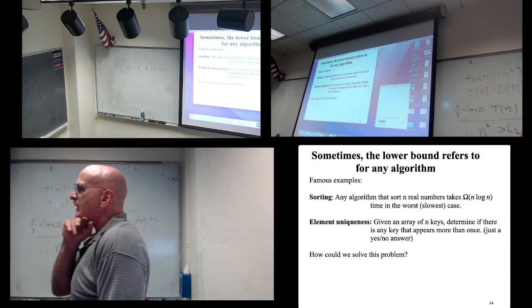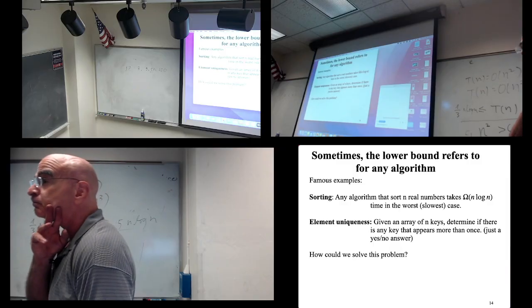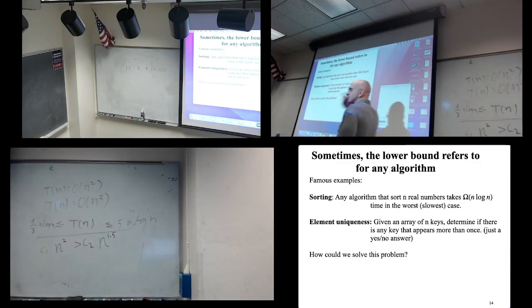Okay, anyhow, a deterministic algorithm. First sort them and then scan. Absolutely. Sort the elements with, say, merge sort in n log n, and then scan. So this problem has an order n log n algorithm.